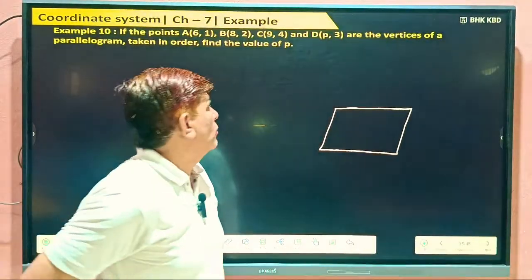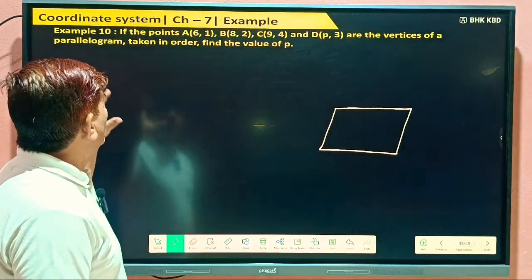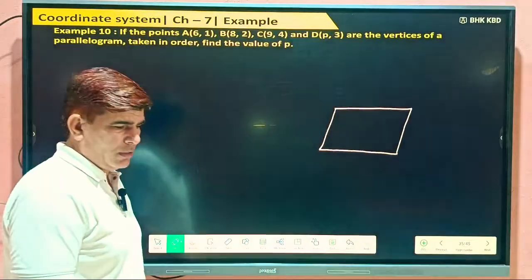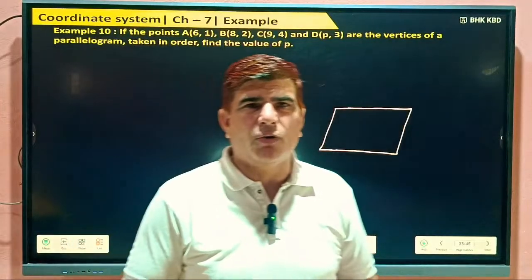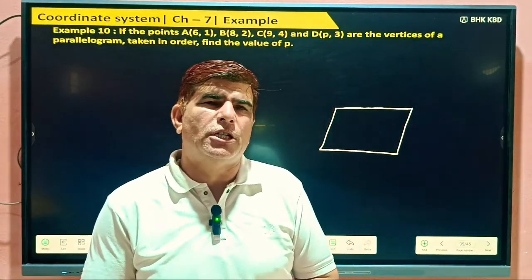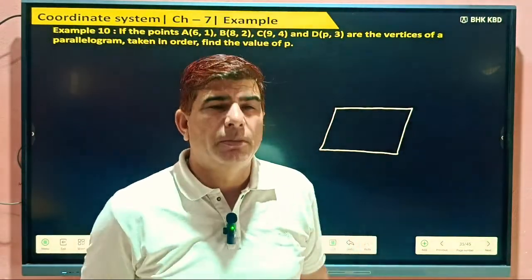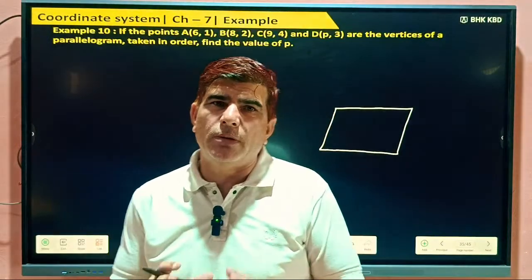A parallelogram is a quadrilateral whose opposite sides are equal and parallel. Diagonals bisect each other. Bisect means divide into two equal parts.